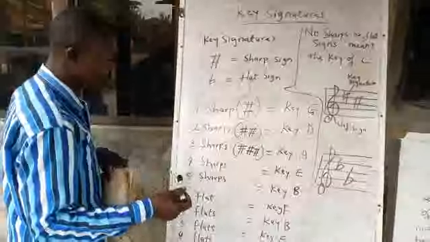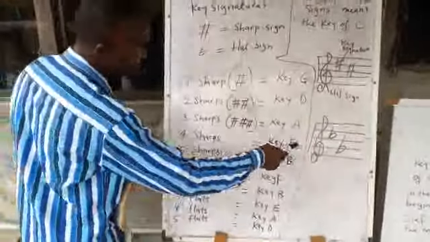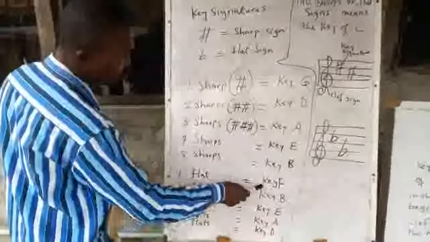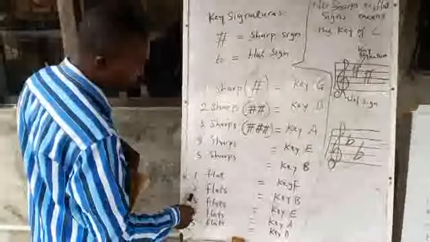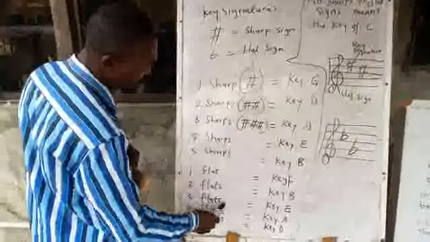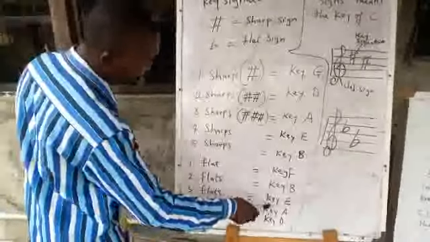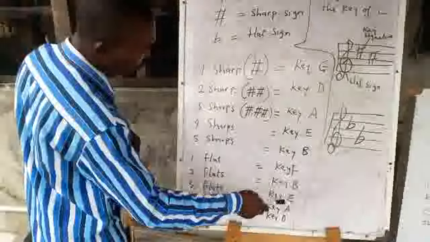Whenever you have them, if you have only one flat, it is called key of F. Two flats, key B flat. Three flats, key E flat. Four flats, key A flat. Five flats, key of D flat.